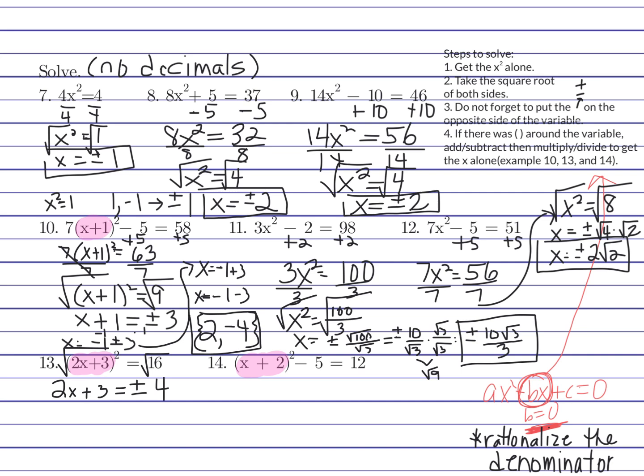For this one, I think it's best to go ahead and write this as two equations. 2x plus 3 equals positive 4, or 2x plus 3 equals negative 4.